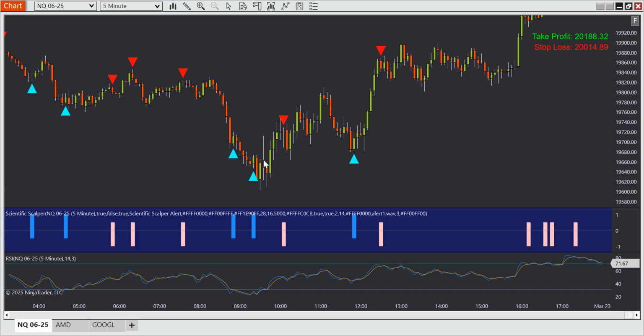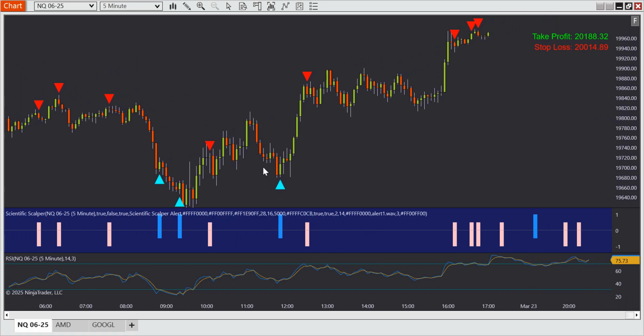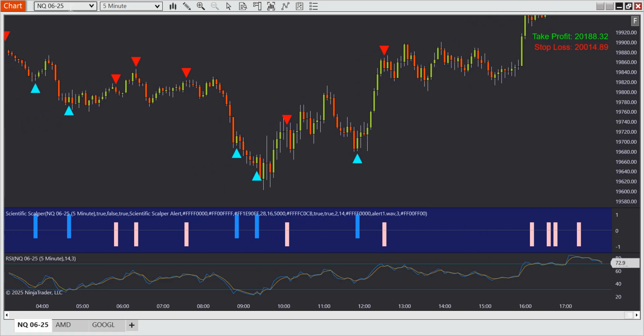But until we saw this price action here, it then changed to blue, indicating a bullish trend is about to start. And of course, we can see a great move up here. And this is on the NASDAQ 5-minute chart. But look what also happened as we got the change to blue with the buy signal.